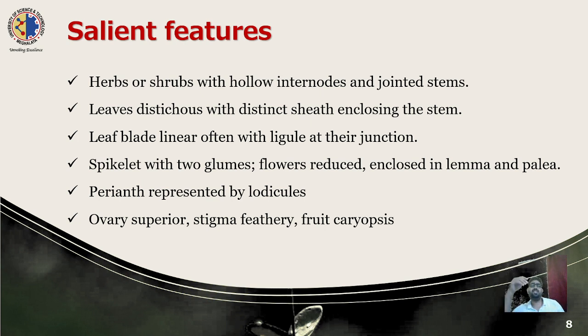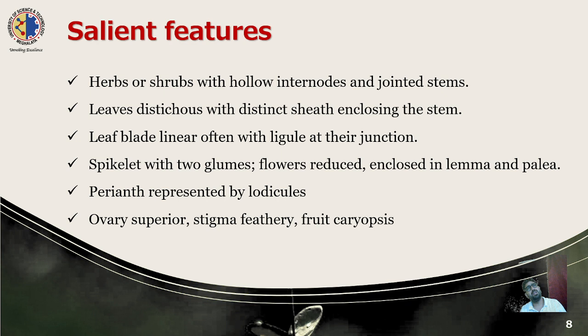Its inflorescence is called spikelets, and these spikelets are two-flowered. The flower is reduced, covered by two small bracts called lemma and palea, and it has a perianth. What is perianth?